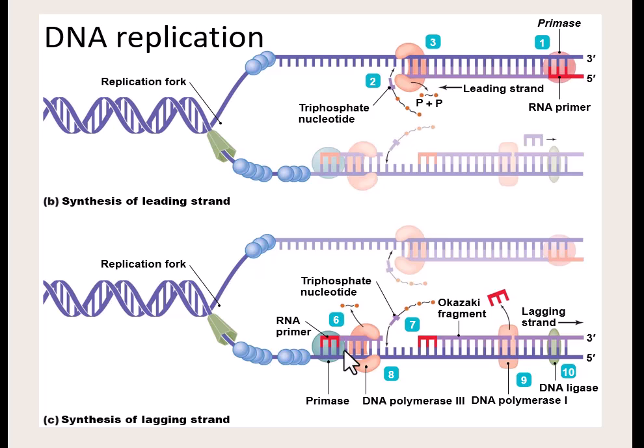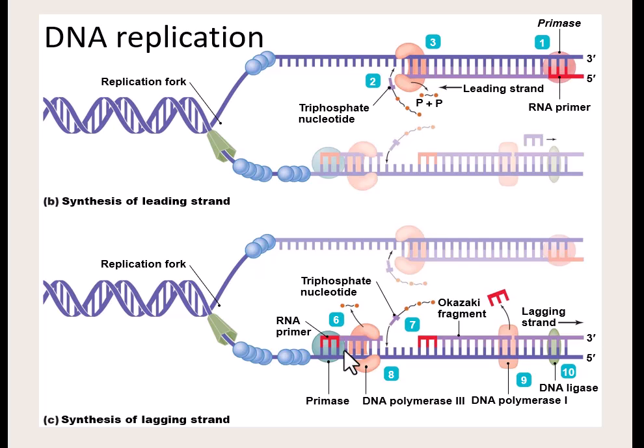But it's this lagging strand, because it takes longer, that we run into that issue, because the new strand has to go in reverse, adding only to the 3' side. We make these little fragments called Okazaki fragments, where we lay this little red primer down, and then we go in reverse. Then we lay another little red primer down, and go in reverse.